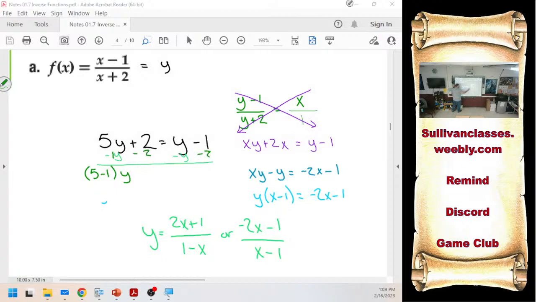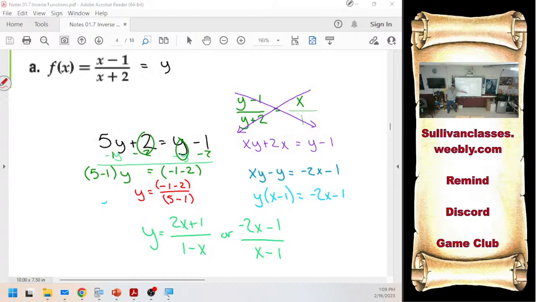Minus 2, minus 2. Normally, we would say that's negative 3, wouldn't we? Couldn't I just leave it as negative 1 minus 2? Yep. Couldn't I now divide by ugly? Getting y is negative 1 minus 2 over 5 minus 1.